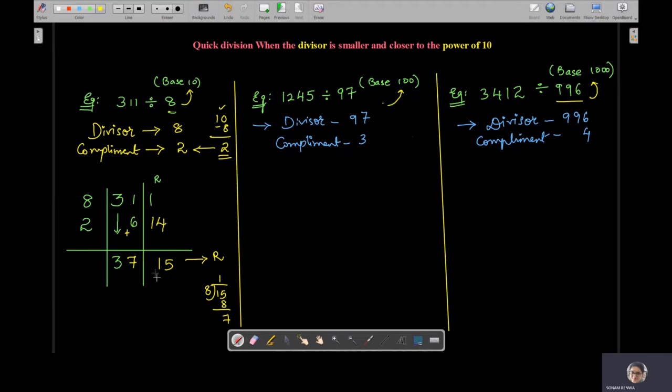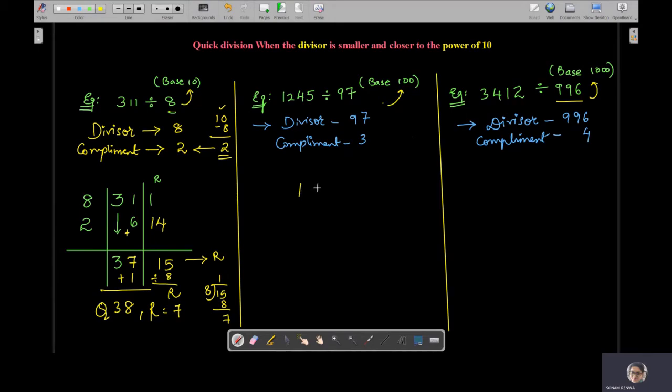So when I divide 15 by 8, I'm left with the remainder 7, and the quotient 1 will be added over here. So the answer is: the quotient is 38 and the remainder is 7. Was it simple?